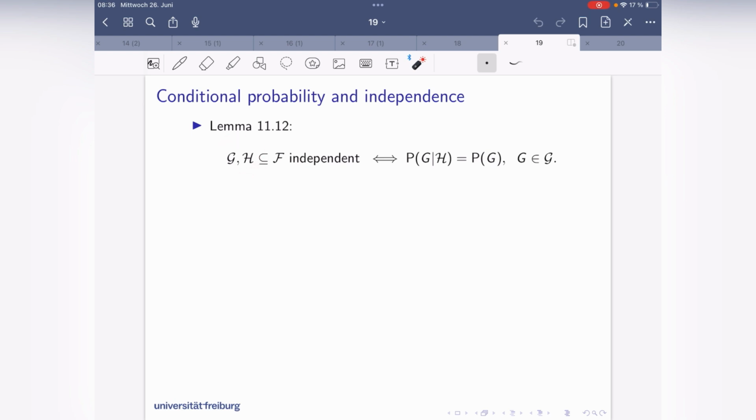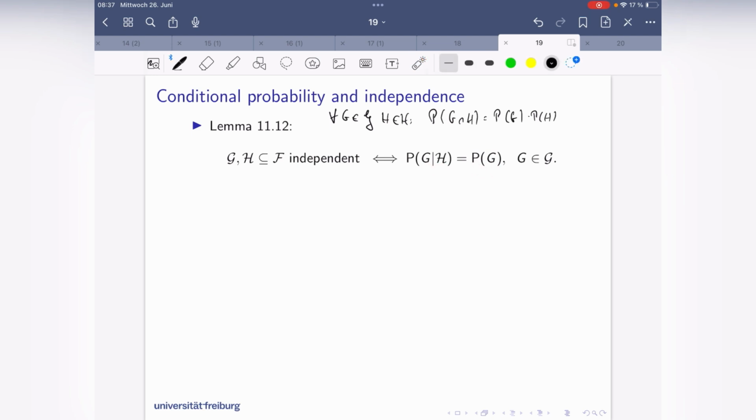That's the case if and only if for all G in 𝒢 and H in ℋ, we have that the probability that G intersected with H equals the product P(G) times P(H). Okay, there's another thing. That's what the lemma claims. That's if and only if the conditional probability of G given ℋ equals the probability of G.